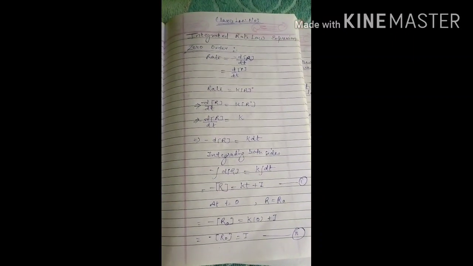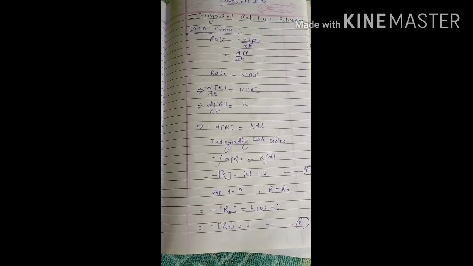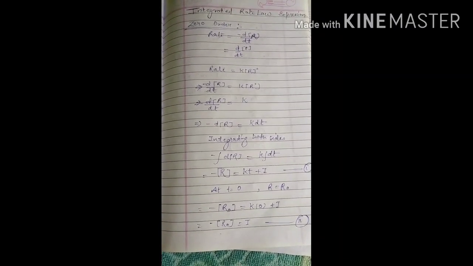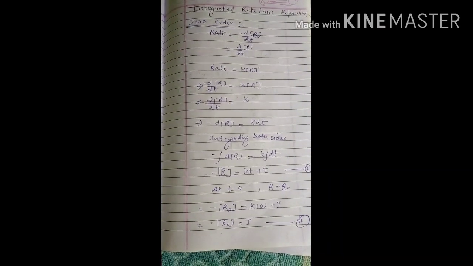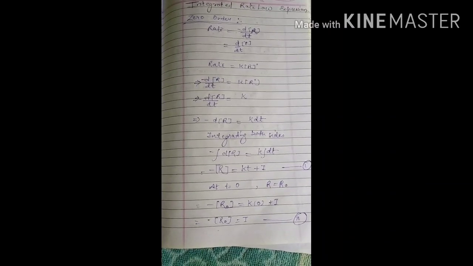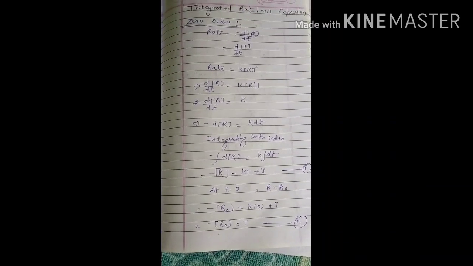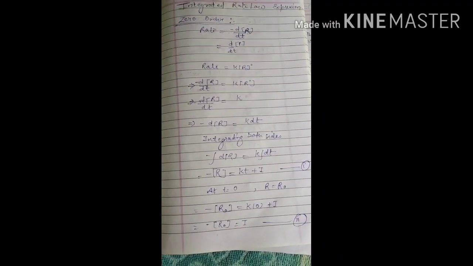Now, integrating both sides, we get the integral of minus dR equals K of dt, which gives minus R equals kt plus I, where I is the integration constant. Now, at time 0, R becomes R naught.